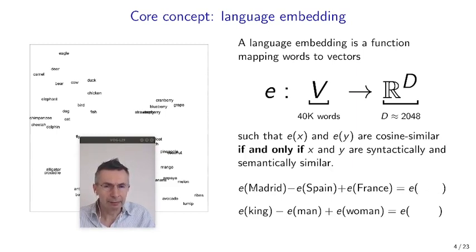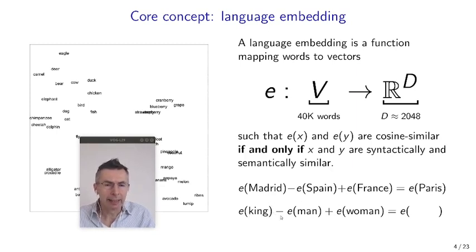Well, the idea is that we're taking Madrid and we're removing the part of it that pertains to Spain and adding a part that pertains to France, and therefore we should get Paris back, because Spain relates to Madrid in the same way as France relates to Paris. And here's another example.